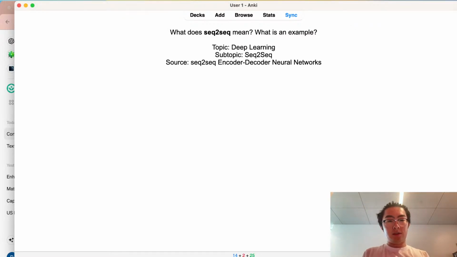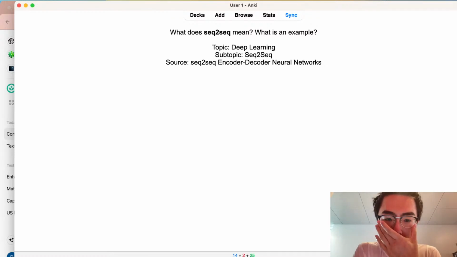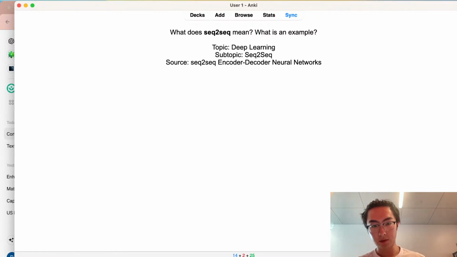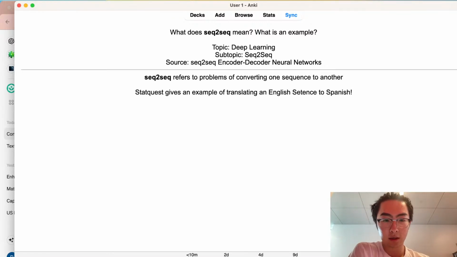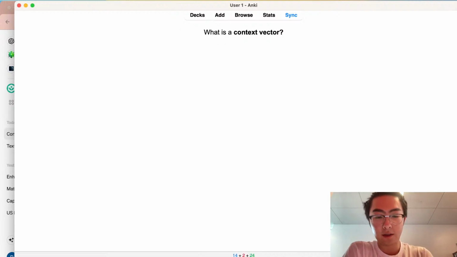Sequence to sequence. Sequence to sequence is a way to describe this problem set of translating one sequence to another. For example, it could be translating English to Spanish. Context vector.